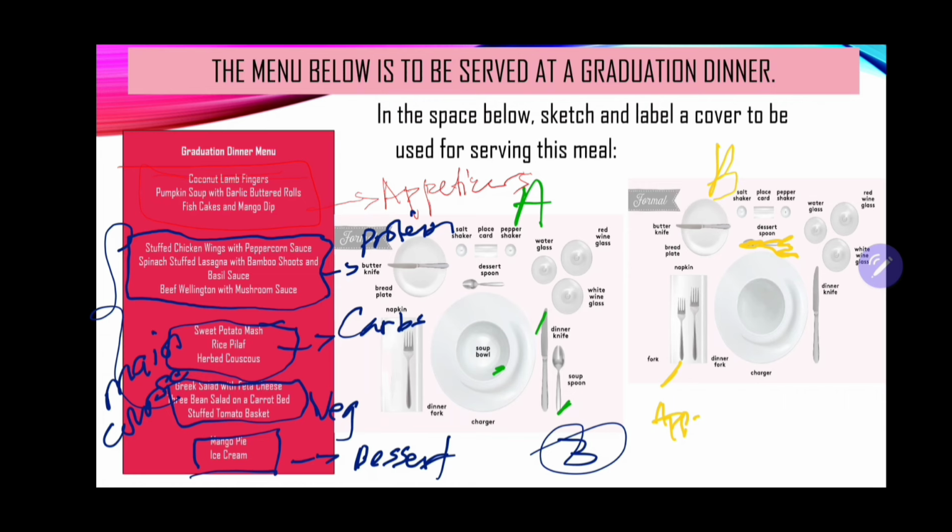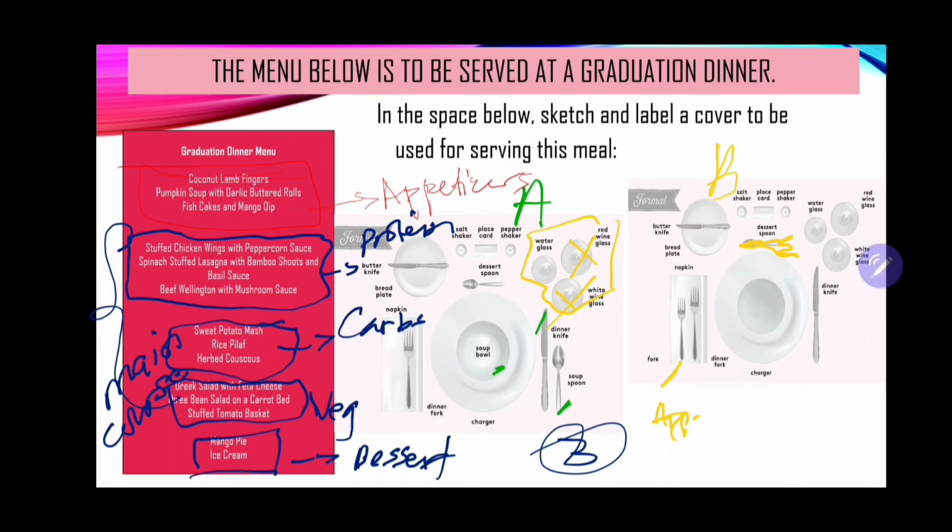And so on. So remember, the first thing you do, you check how many courses and then you plan accordingly. Of course, juices and wine glasses here that we have here are optional, but they're just there for place setting purposes. But if you did not have any of these, it is always courteous to serve water, you wouldn't need to have the red wine glass or the white wine glass, right?